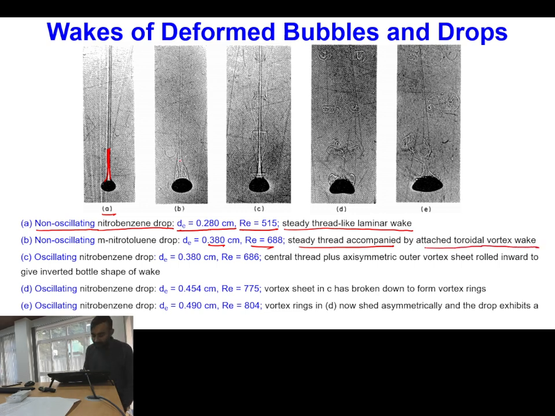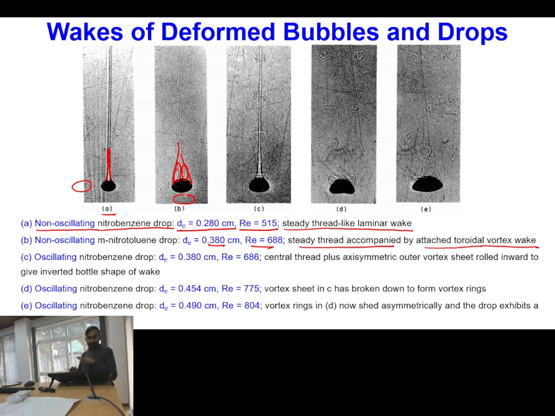So here you have this thread like structure, but also some circulation. So it means a thread like structure accompanied by some toroidal vortex. But in both these situations you can see the shape of the fluid particle will not be deforming. The shape of the fluid particle will remain as it is.